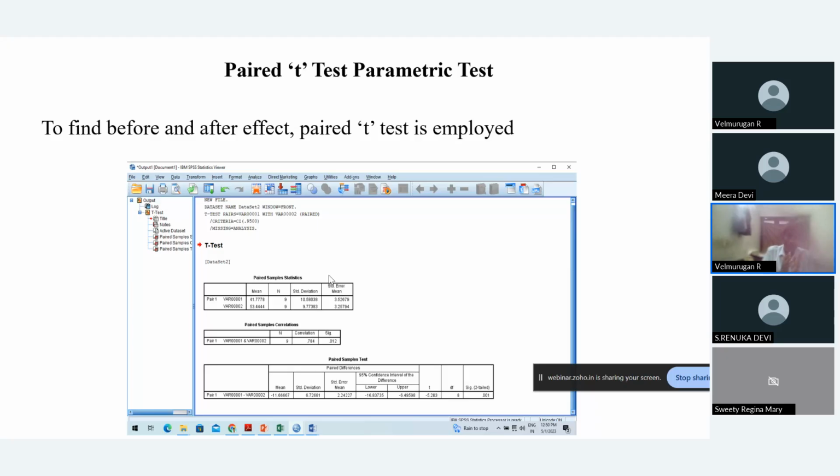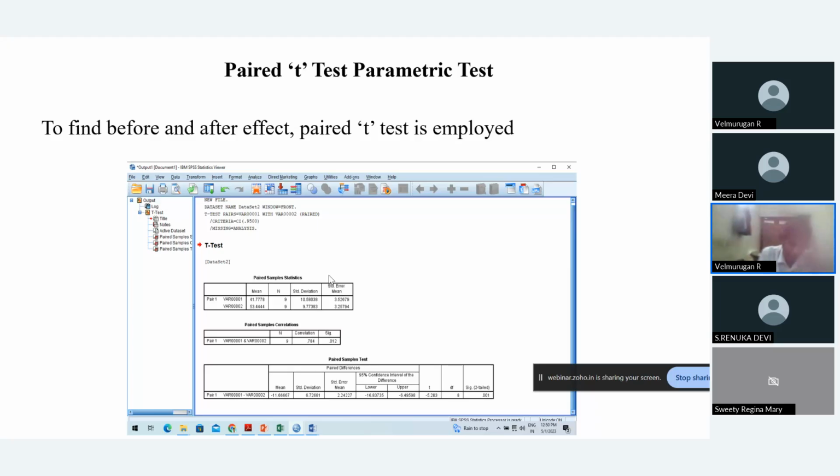We want to compare their financial potential before joining the self-help group and after joining it. Then, to measure the difference, we can apply the paired test. Here the paired test is employed to measure the before and after effect.